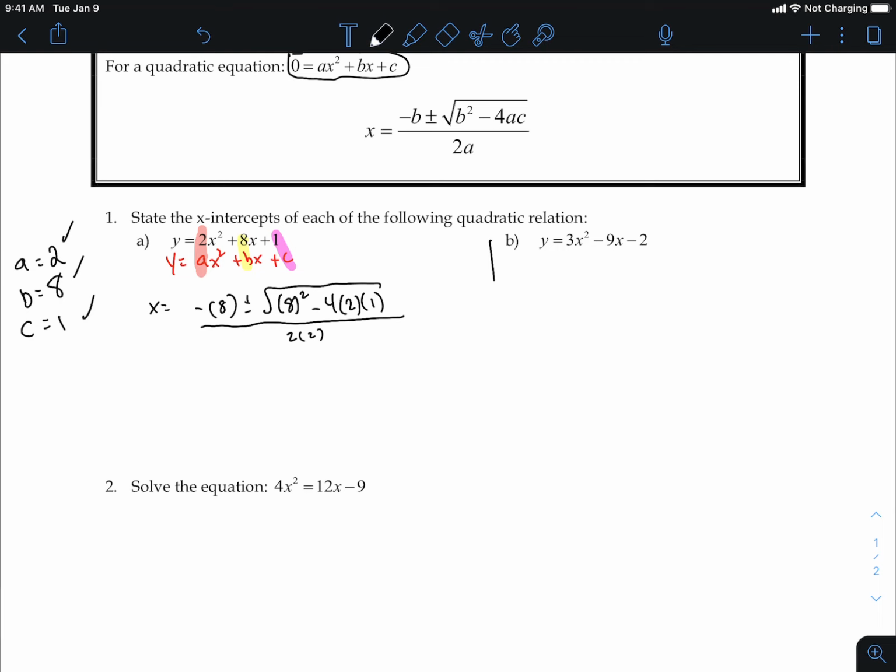Okay? Here we go. X equals negative 8 plus or minus.